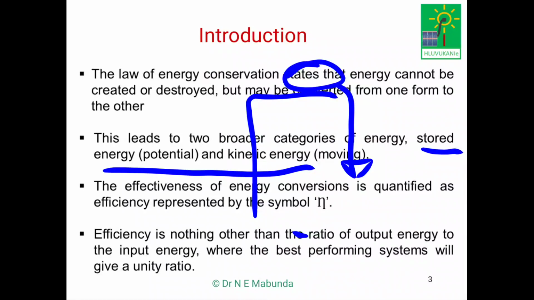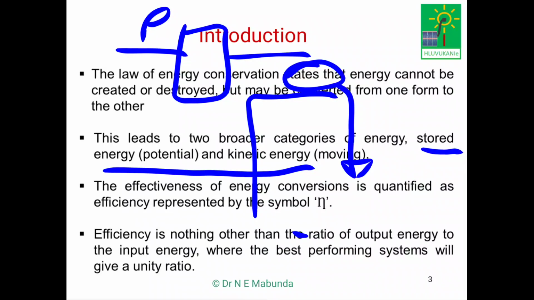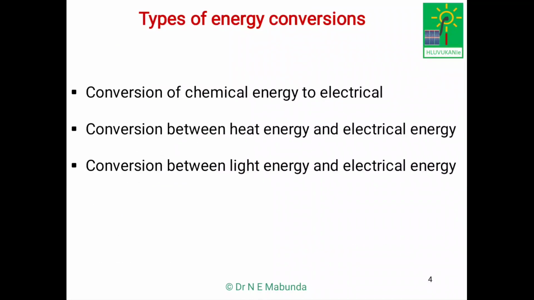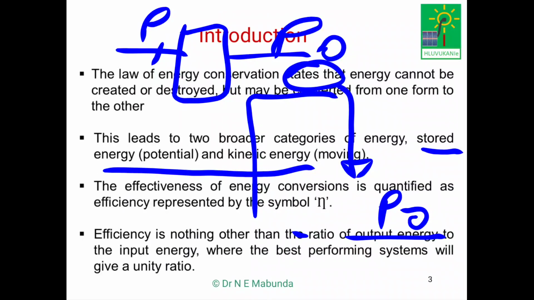As we transfer one energy to the other, we come up with losses. Which means the energy that you feed in is not the energy that you get out. The energy that you get out is always less. Now, if you take the energy that you get out, I use P there for power, to the energy that you applied in, the ratio of the two, that will be efficiency.